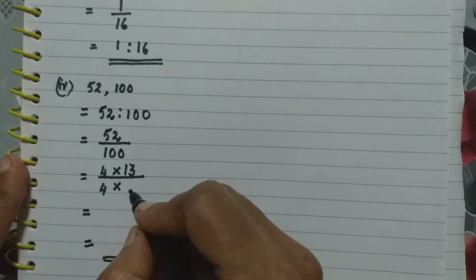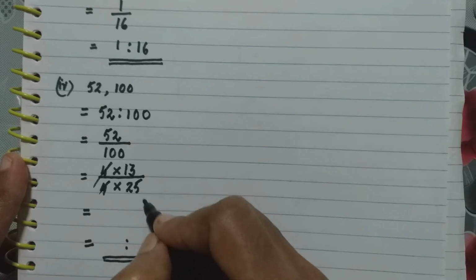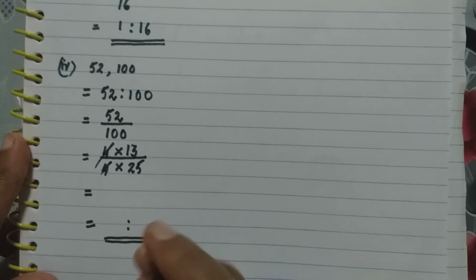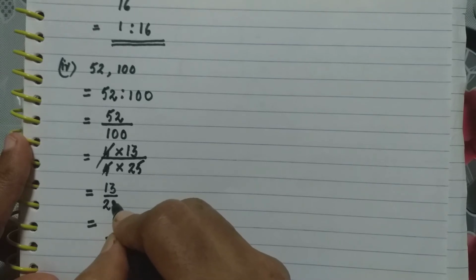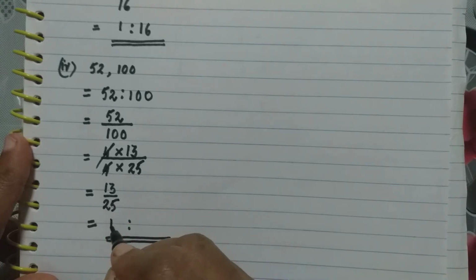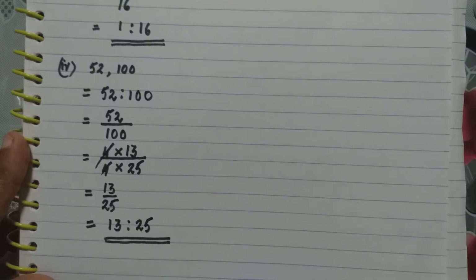We know that 4 goes in 100 25 times. So 4 and 4 cancel. What is left? 13 upon 25, which can be written as a ratio as 13 is to 25.